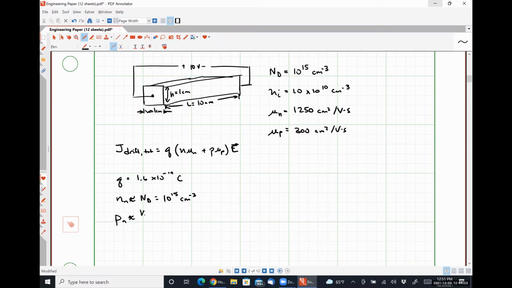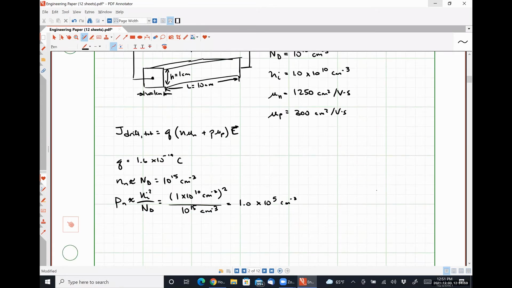So that's going to look like Ni squared over ND, which is 1 times 10 to the 10 carriers per cubic centimeter, quantity squared, divided by 10 to the 15 dopants per cubic centimeter, gives us 1.0 times 10 to the 5 holes per cubic centimeter. So we now know q, n, mu n, p, and mu p.